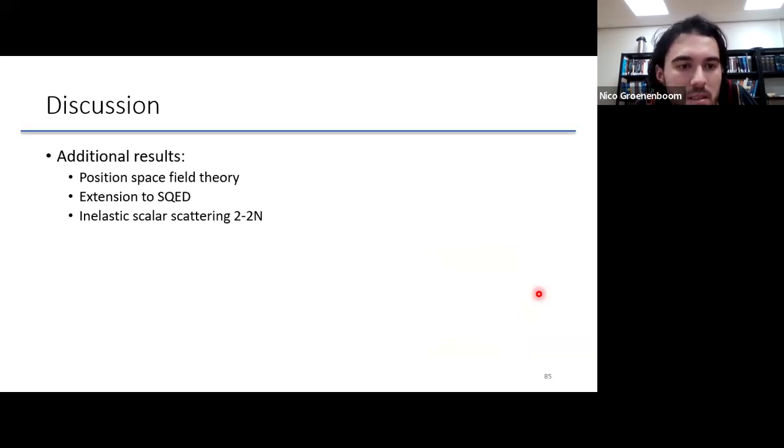Some additional results that we didn't mention is that we've defined the field theory now also in the angular position space. An extension to SQED has been done, to scalar QED, in collaboration with Fabiano. And previously, we've also already calculated one inelastic scattering of scalars, which I will not go further into now.